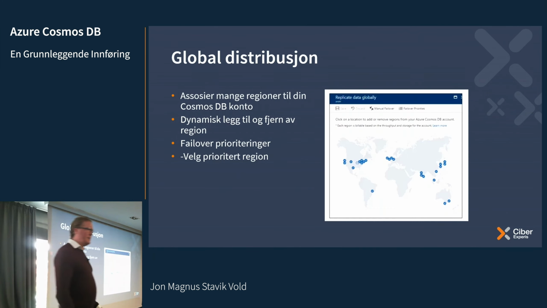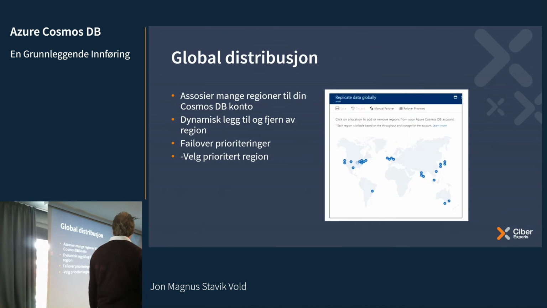And global distribution. You can associate many regions to your Cosmos DB account. As you see on the illustration, you can just click on a region, and then the Cosmos DB database will be replicated automatically, and it just takes some minutes before it's copied to that data center.